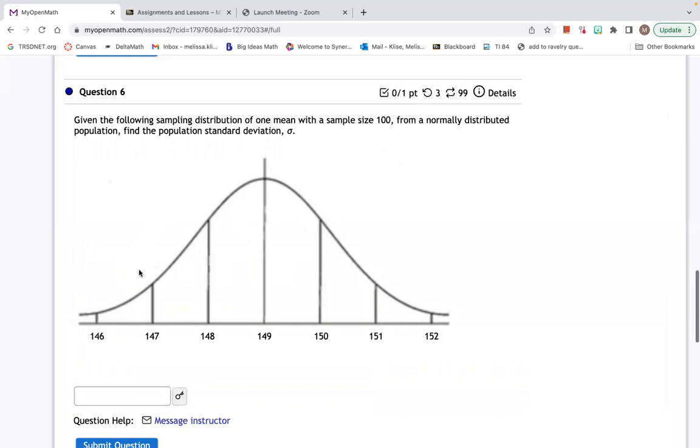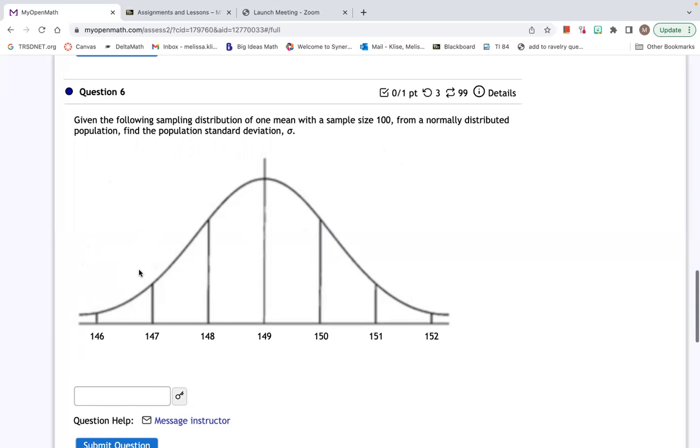Okay. 148, 147. Sometimes they're looking for different things, but they gave me n equals 100, and I'm looking for population standard deviation.